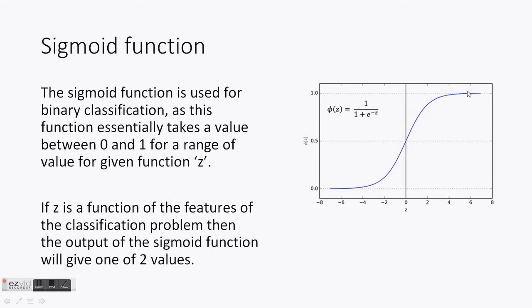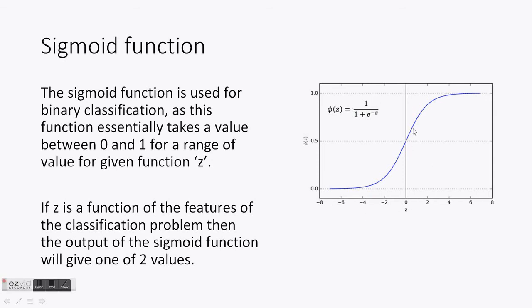Typically continuous functions are pretty useful in machine learning, because you can take the derivative of it at all points. This is represented by this equation, but we can ignore the equation and just understand that you provide some parameter z. If you use this function, it will take one of two values.